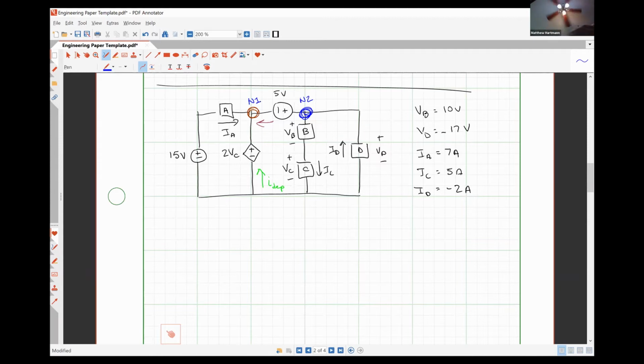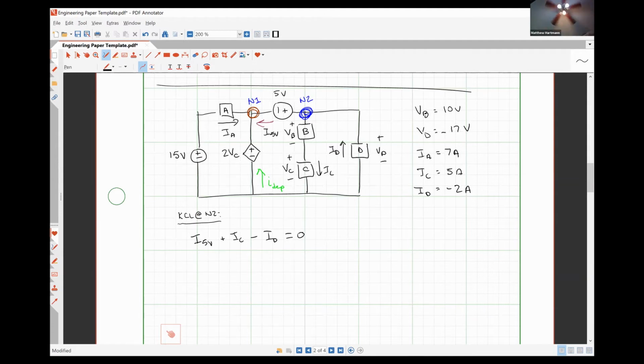All right, so KCL at node 2. I need to give this a label, I guess. So I 5 volts is leaving. Our current IC is leaving, and our current ID is entering.